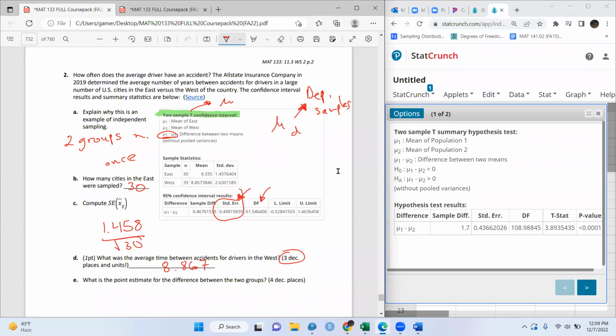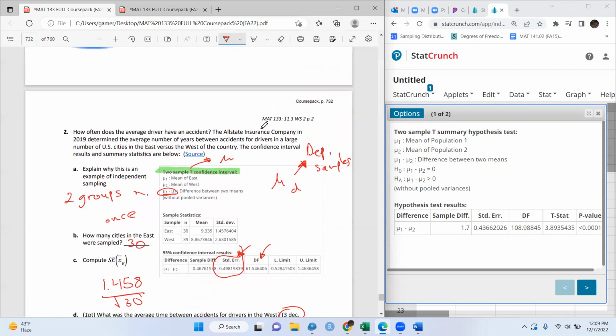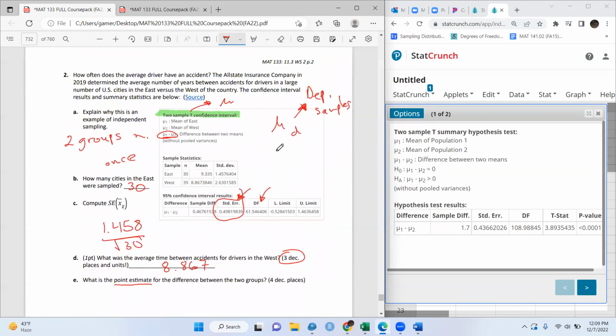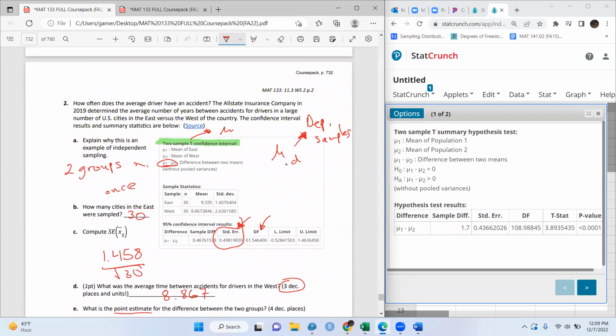Now, this is a great reminder. I would encourage you all, I think this is helpful, that on your personal written reference sheet where you think about confidence intervals, you draw a general confidence interval and note that there's a lower limit, an upper limit, a point estimate, a margin of error, and a width.